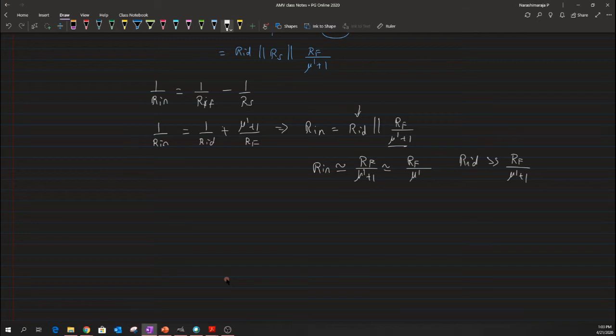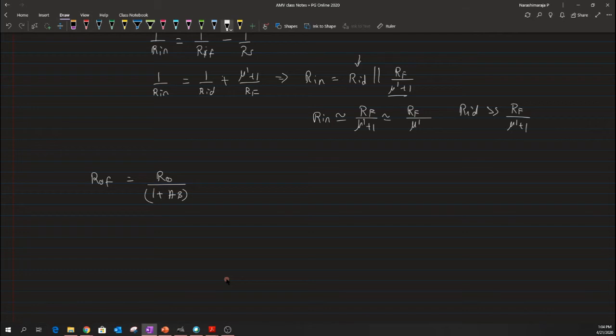Okay. So now let us come back to the calculation of this ROF, which is the feedback amplifier's output impedance, and that is written in terms of output impedance of a basic amplifier divided by the A beta, just because we have a shunt connection at the output. Whenever we have this shunt connection, it is always better to write their impedances as one upon this ROF, and this could be written as something like this.